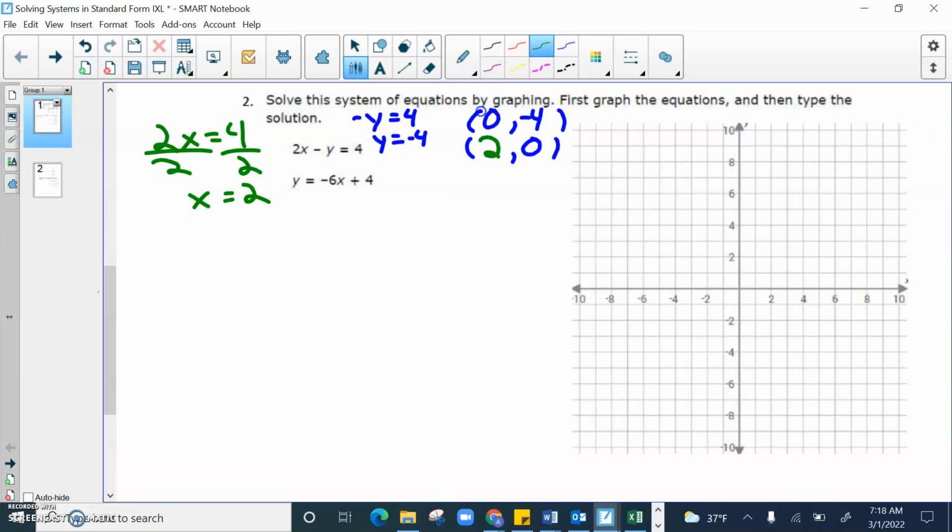So I have one point at 0, negative 4, and one at 2, 0. Use your ruler.